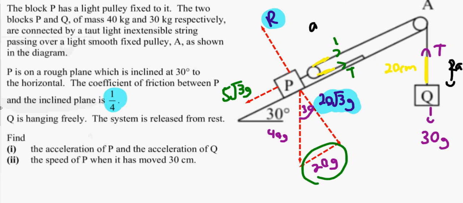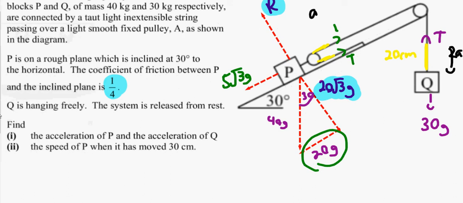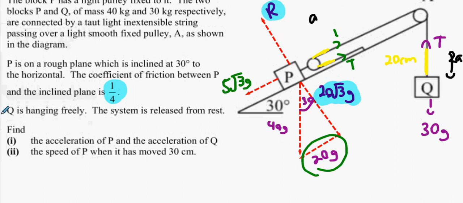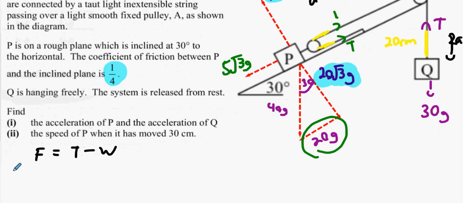All right, let's continue. Let's start off with the easy money. Which one's the easy marks? 30g is the easy marks. Okay. What way is it going? Downwards. So force equals its tension minus its weight for the win. And what we get is 30 times 2A, yeah?